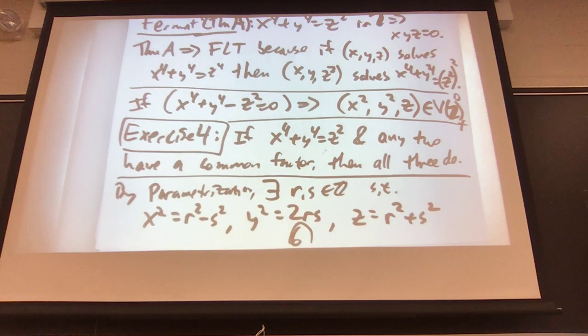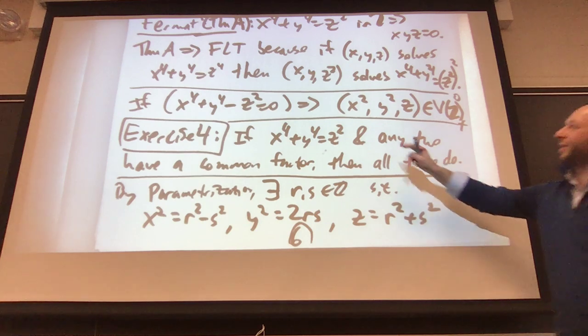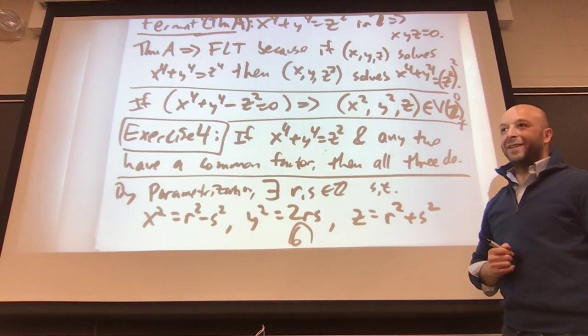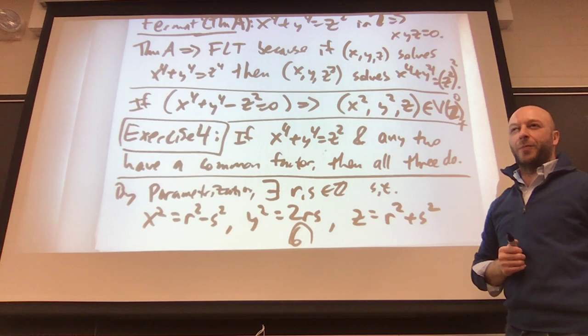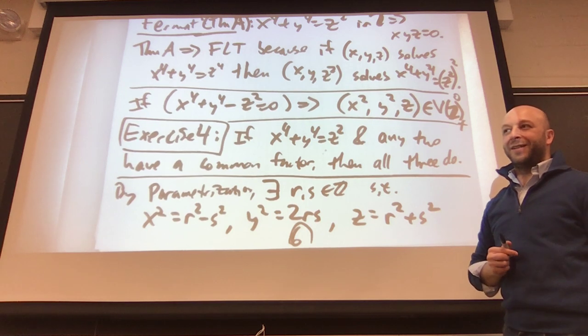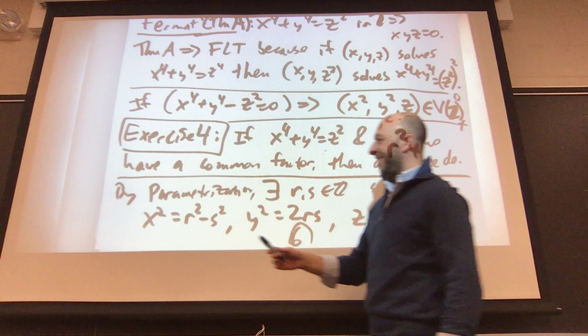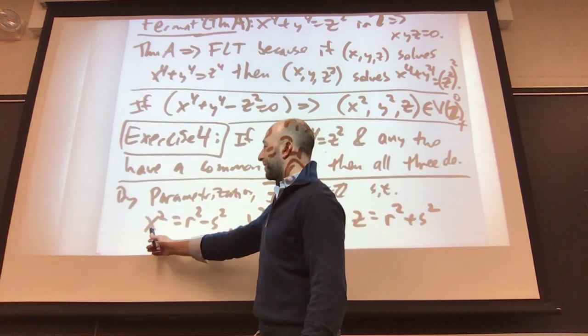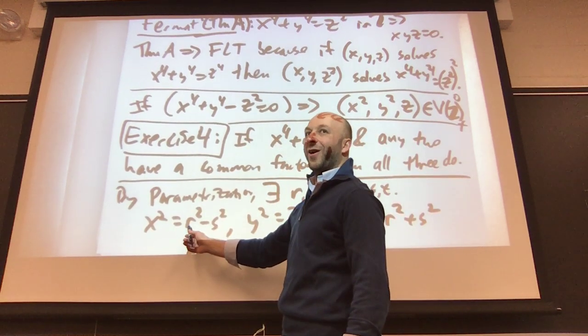And something very bizarre has happened. We started with this Pythagorean triple, x squared, y squared, z, and we got a Pythagorean triple s squared, x squared adds to r squared.